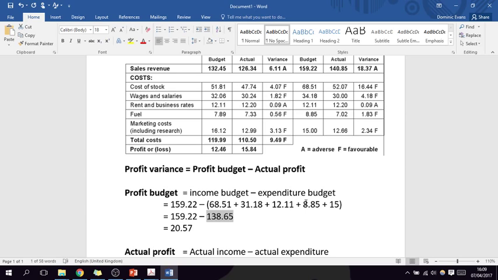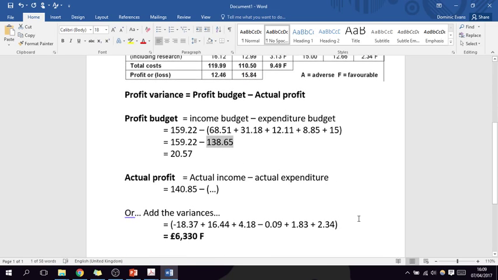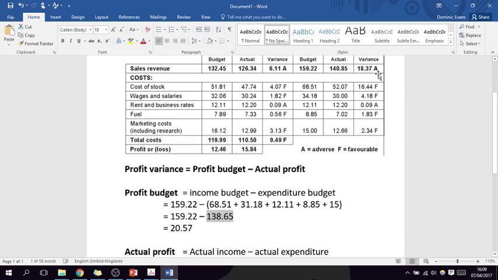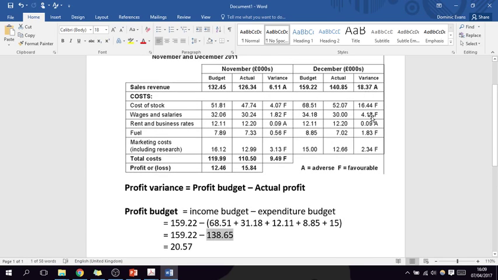Actually, a far quicker way of doing this is just to look at the variances. Remember, a favourable variance adds to profit, so it's positive, and an adverse variance takes away from profit. So we start off with an adverse revenue variance of 18.37.